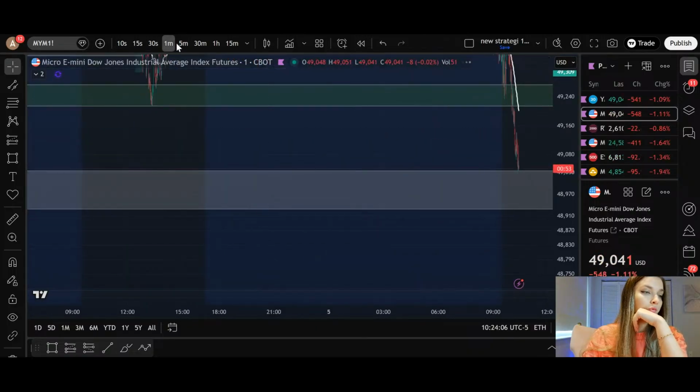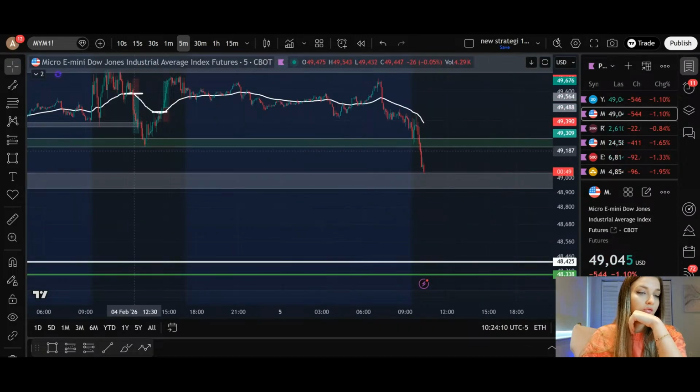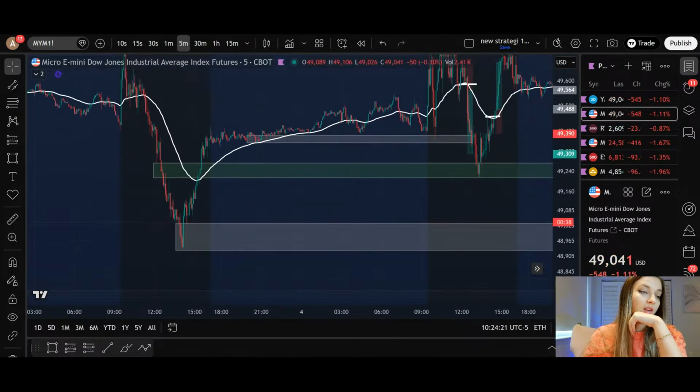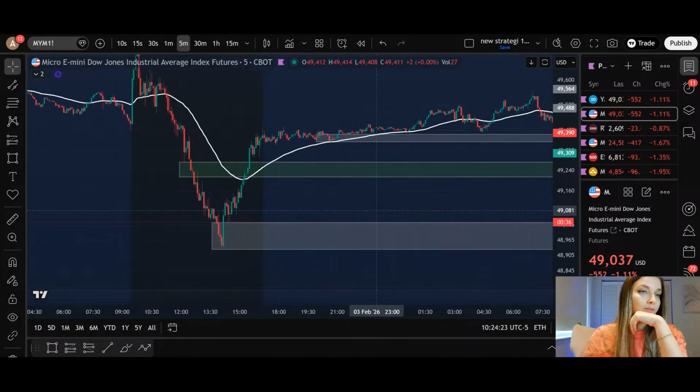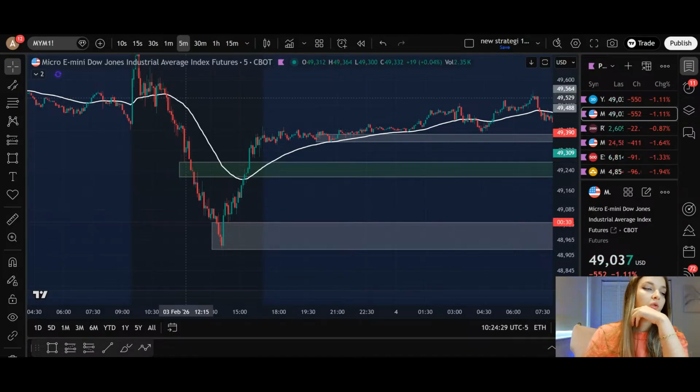How do you see a demand zone? A demand zone is formed when you can see aggressive selling, and then the price pulls up aggressively. That's demand or liquidity, but that's how you recognize it.